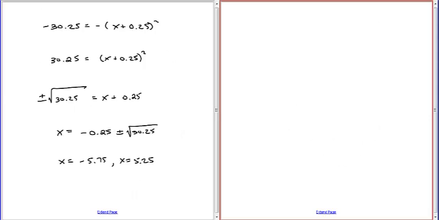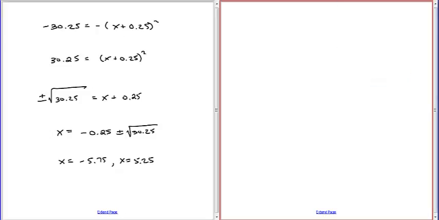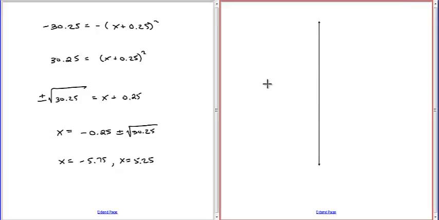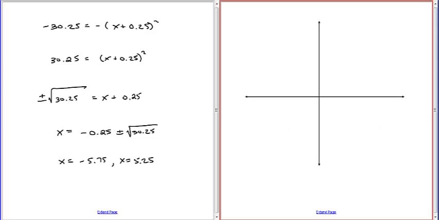So let's sketch it out, and then we'll go plot it. Actually, let me just draw the axes here. Okay, so here we go. And the vertex is somewhere here. It's at a quarter comma 30, and essentially zero, close enough to 0.